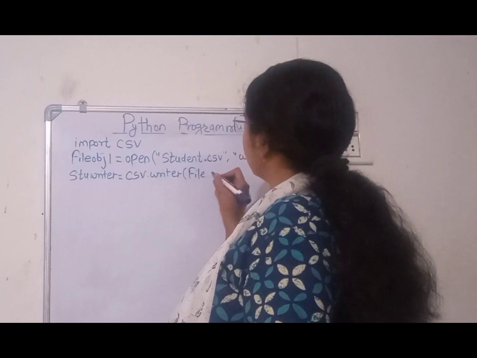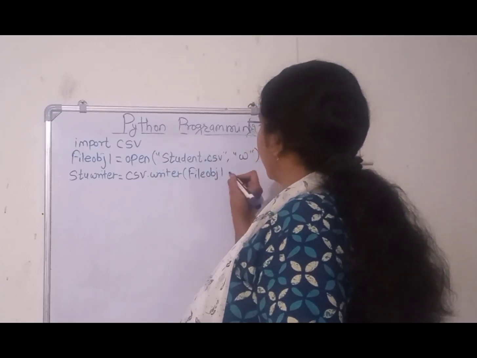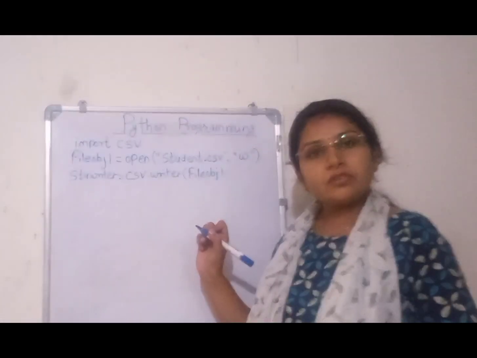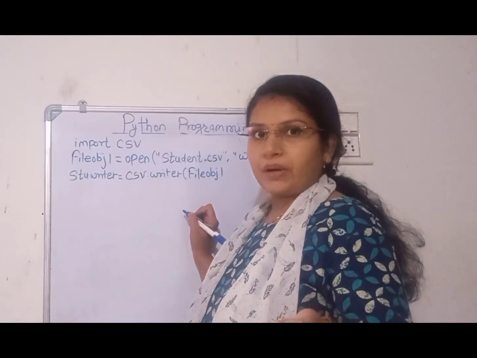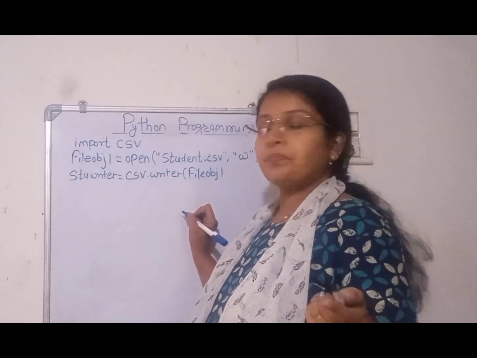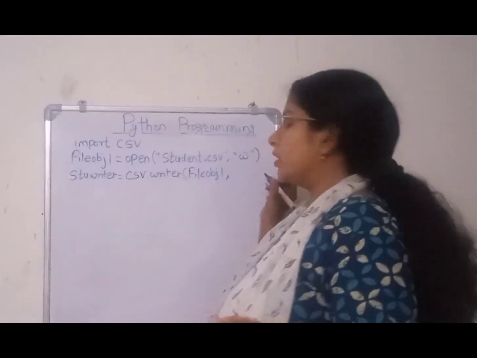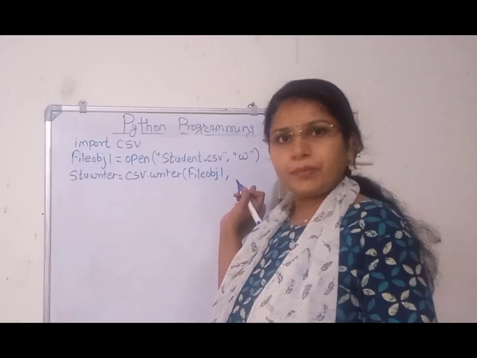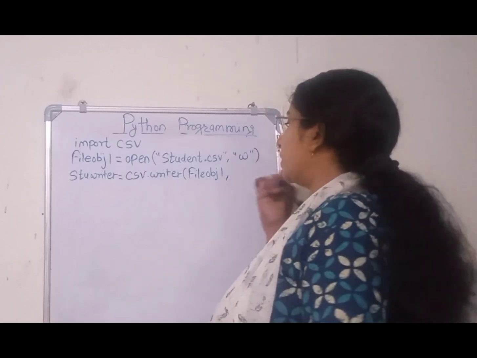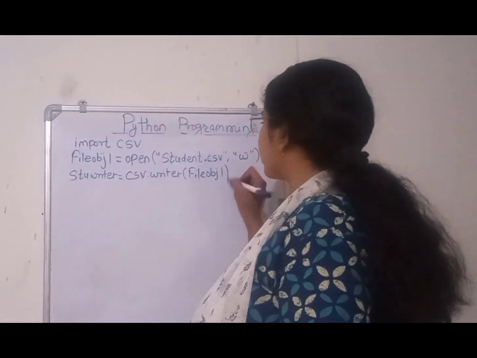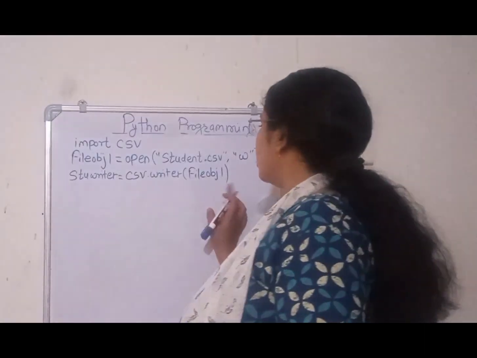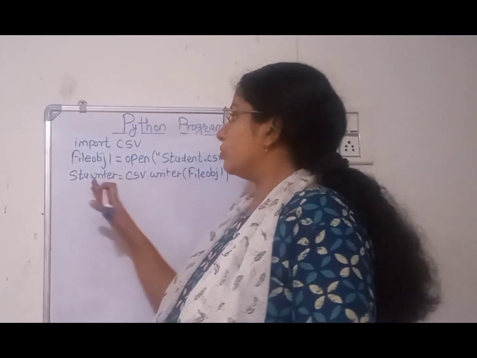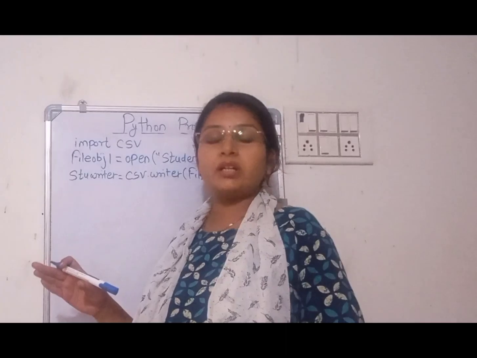If you don't want comma as a separator or delimiter, then after the comma you can specify which delimiter you want, right? But as I don't want to change the delimiter value, I want the comma only, so I am just closing this bracket. So this is how I create the writer object.